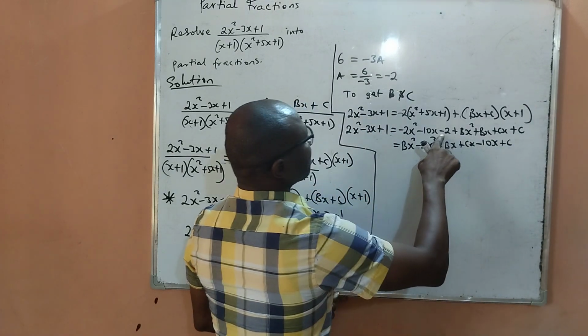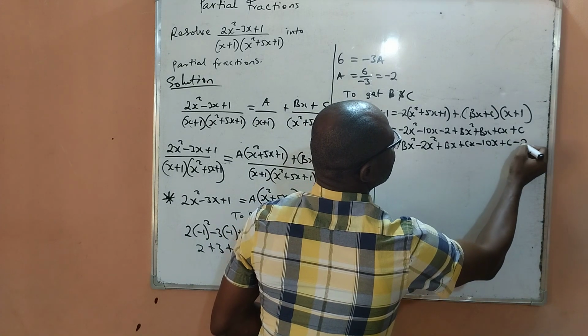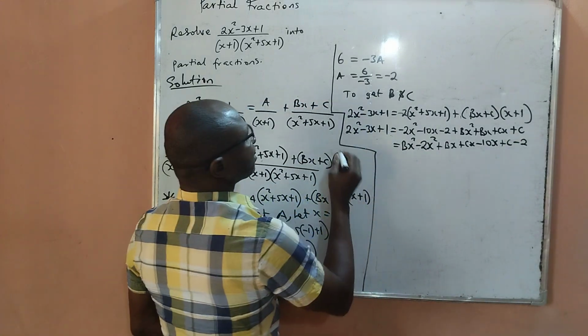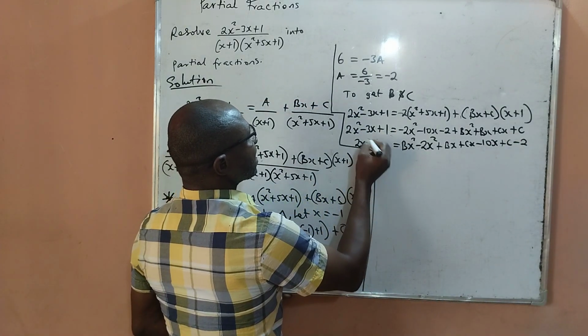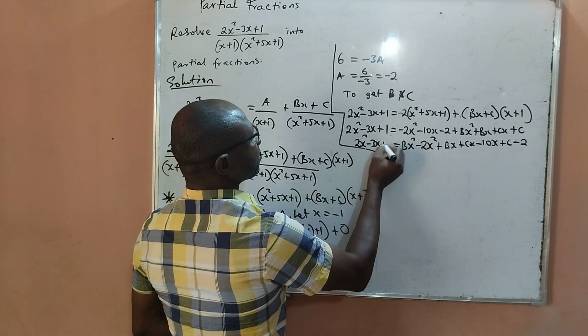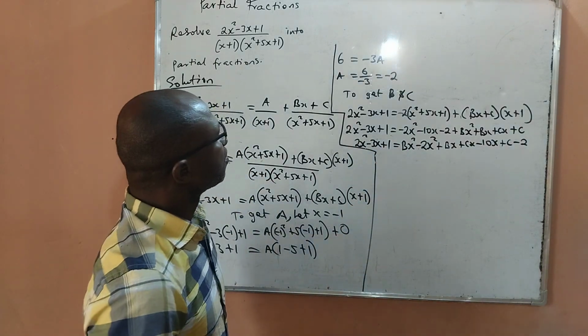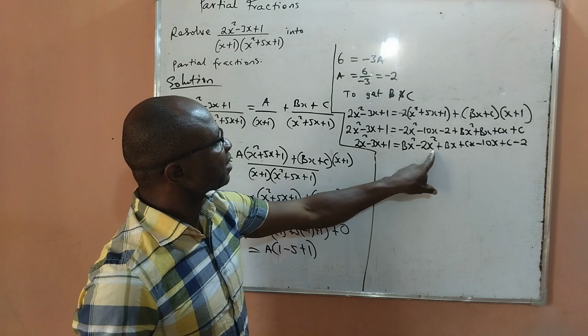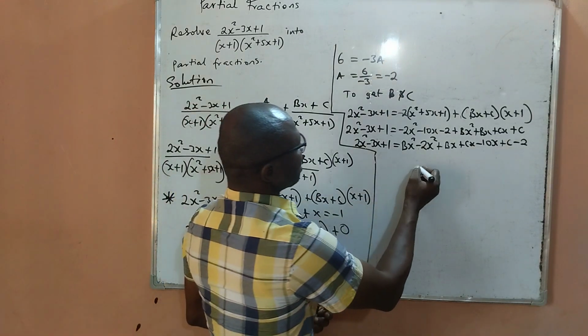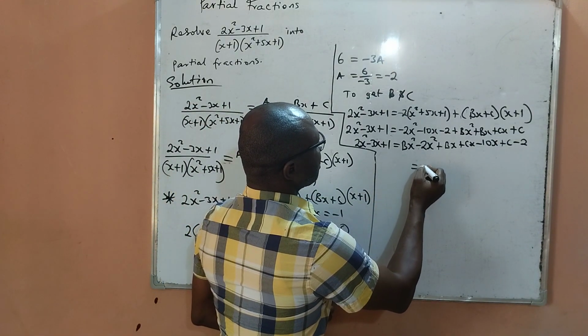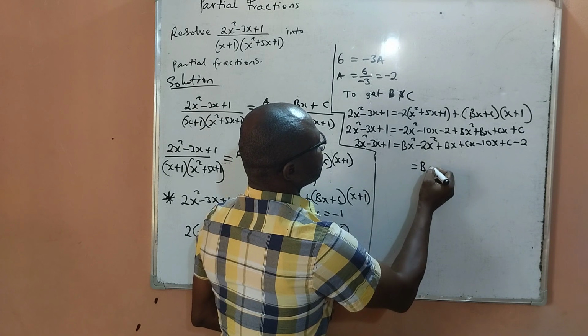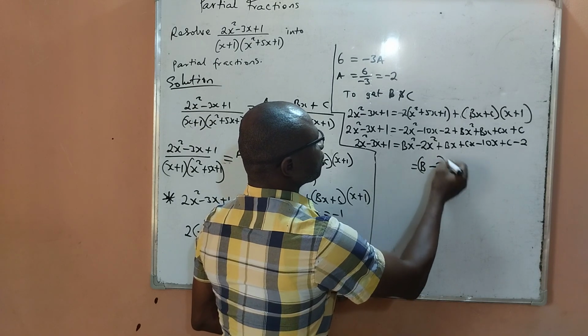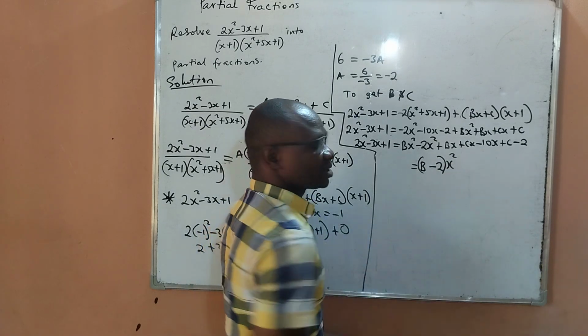Then I have it here, which is minus 2, that is c minus 2. Everything is still equal to 2x squared minus 3x plus 1. Okay, moving forward, I want to factor x squared in the first instance, and that is going to give me b minus 2 into x squared.